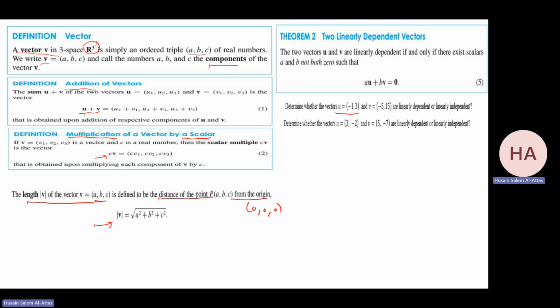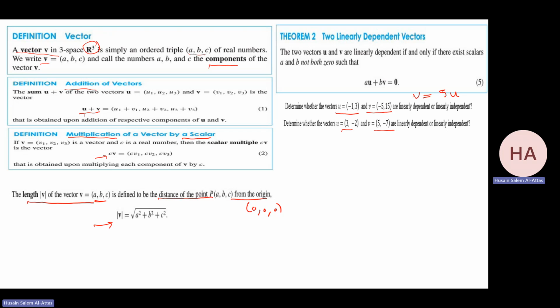If I have this vector u and this vector v, it's very clear that v is 5u. So it's a multiple of it, and they are linearly dependent. However, for this vector and this vector, there is no way I can multiply one of them by a constant and get the other one. So they are linearly independent.